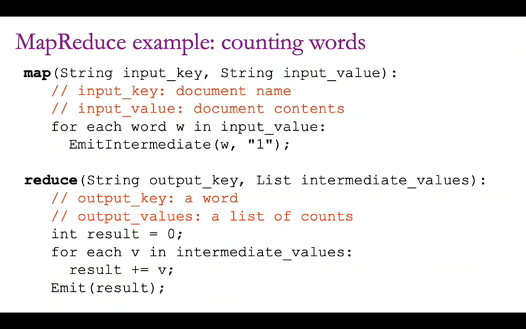In this case, you can define a mapper that takes a piece of the input, which is some document, and looks at every word and outputs that word and the number 1. So it gives a 1 for every occurrence of the word, basically.